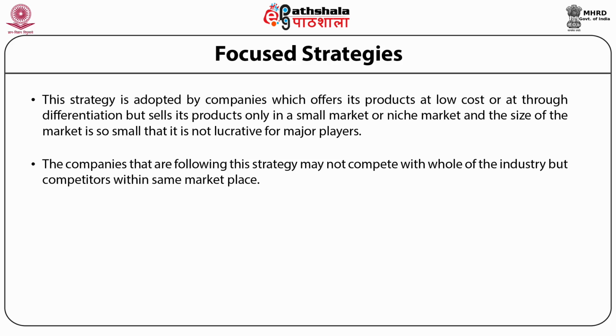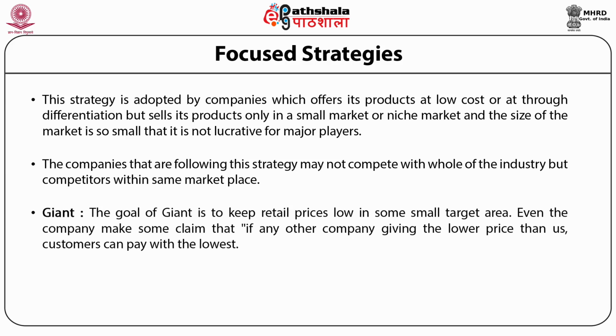For example, Giant. The goal of Giant is to keep retail prices low in some small target area. Even the company makes a claim that if any other company gives prices lower than us, customers can pay the lowest.